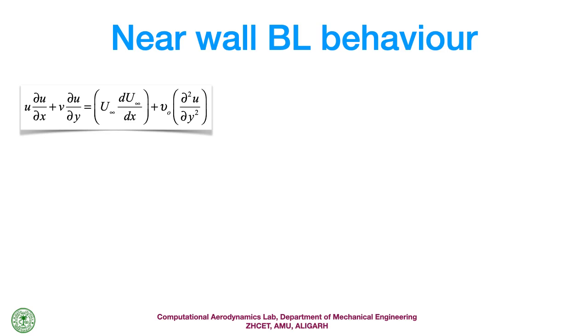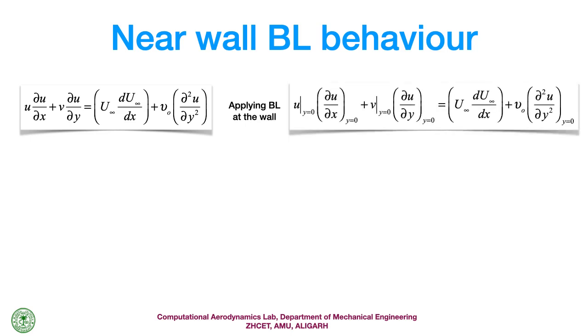We do not make any assumption over here, and whatever the u infinity behavior is, we will take it as it comes. Then plus the viscous part, the diffusion part. Now, if I apply this equation at the wall, that is y equal to 0, we get this equation.